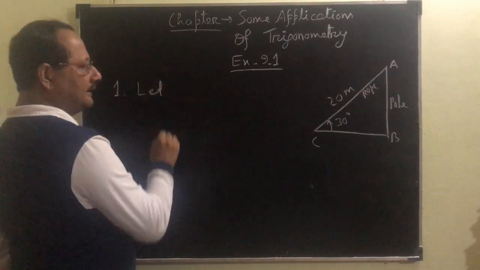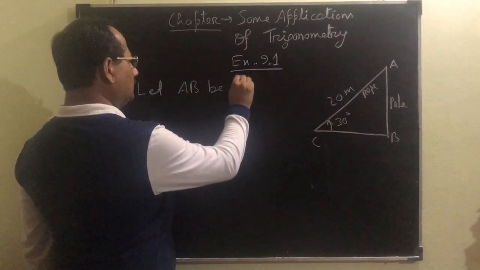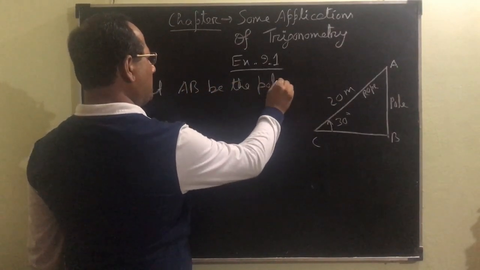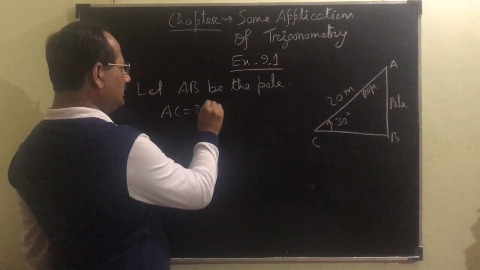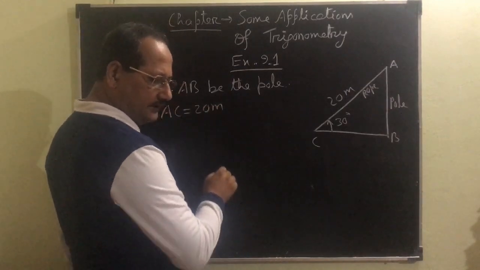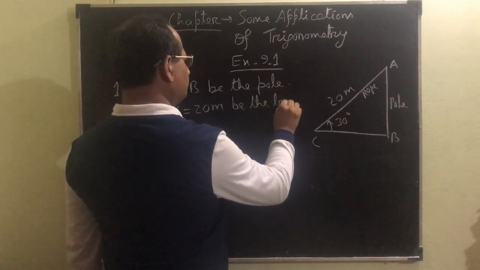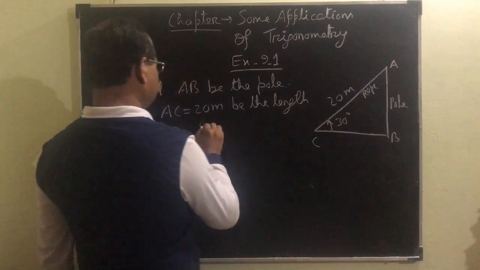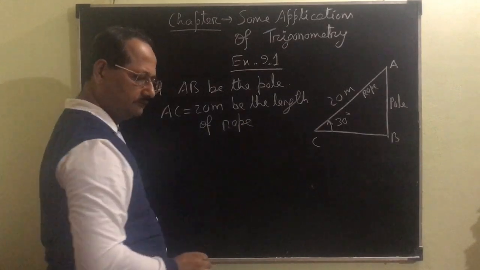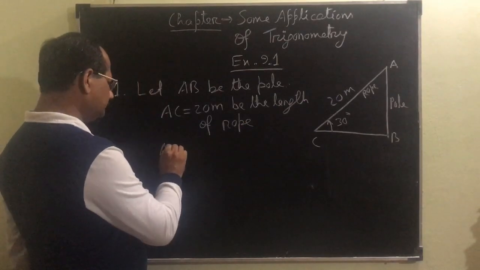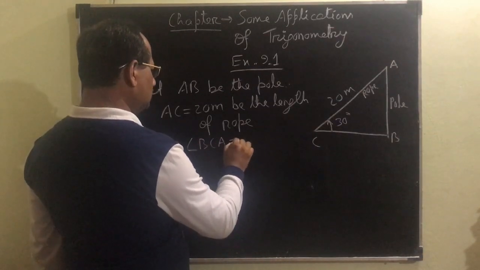Let AB be the pole, AC equal to 20 meter be the length of the rope, and angle BCA equal to 30 degrees.